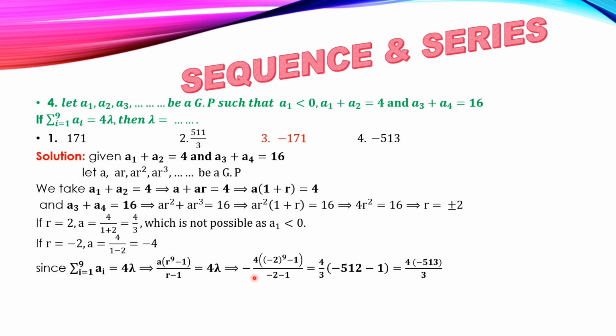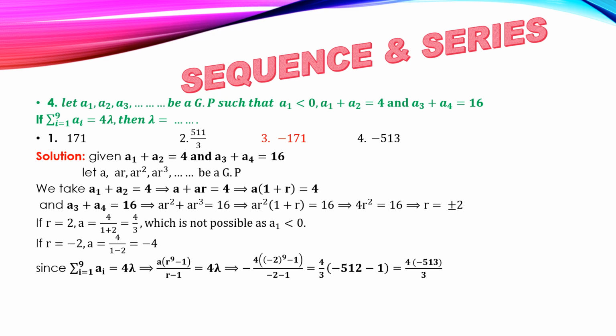Now which implies a value 4 into r value minus 2 power 9 minus 1 by minus 2 minus 1. Now that value is, here minus 1 minus minus cancelled, 4 by 3 into minus 2 power 9 value minus 512 minus 1. So that is 4 into minus 513 by 3.